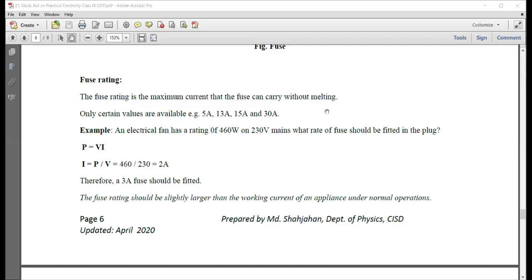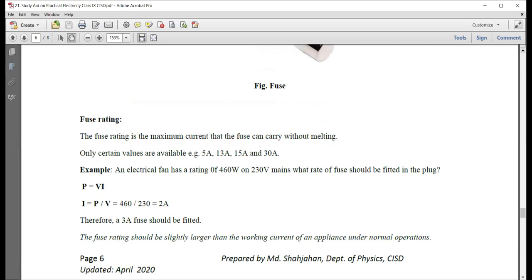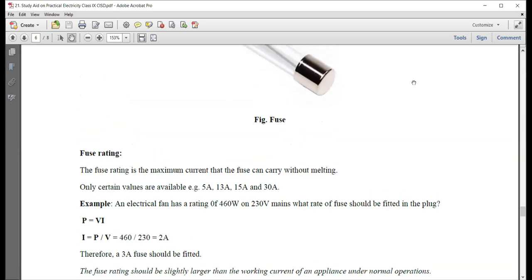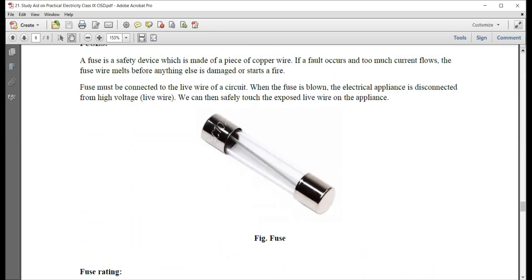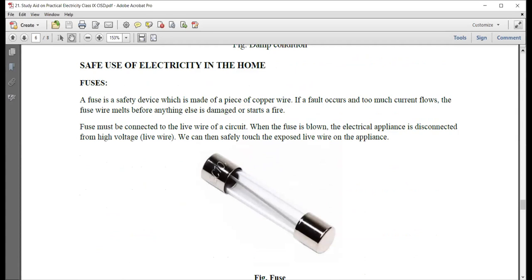Now, fuse rating. Yes, sir. Okay. So check here the notes, the study materials I uploaded. Even yesterday I uploaded again this one. What is a fuse? How does the fuse work? Here everything is written.